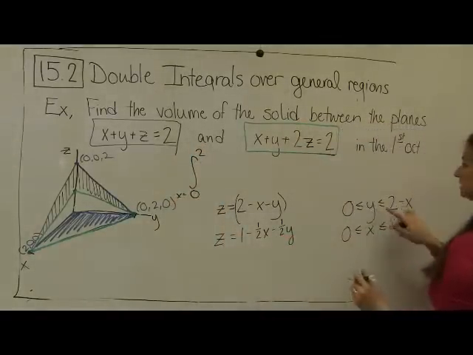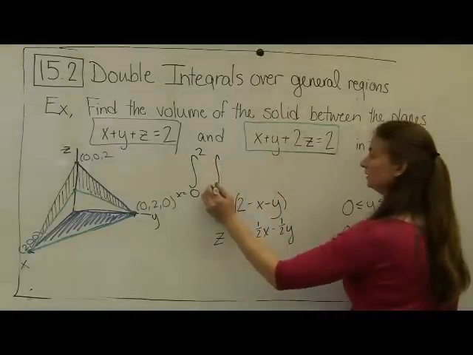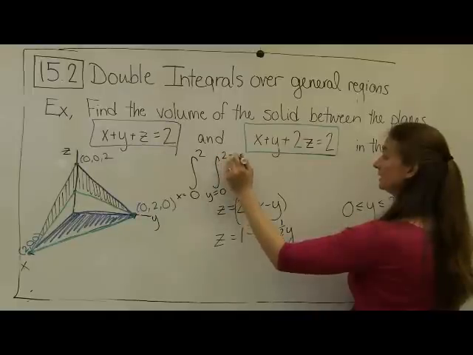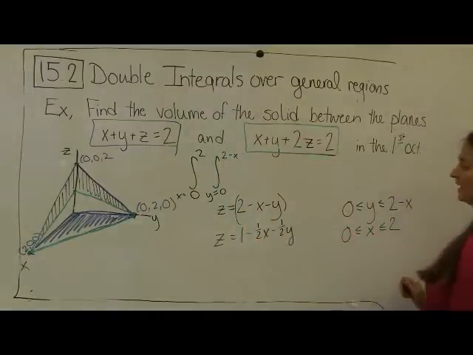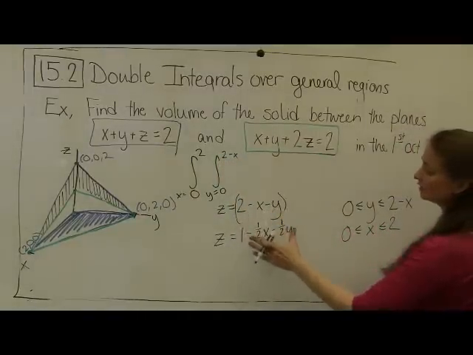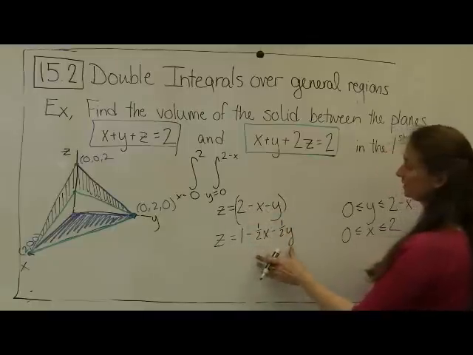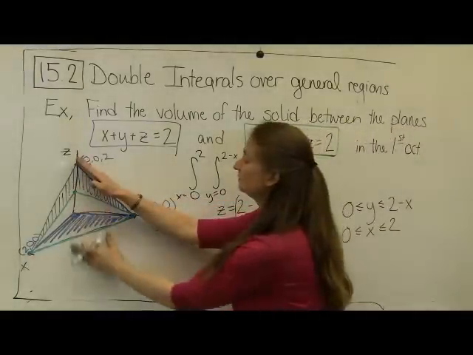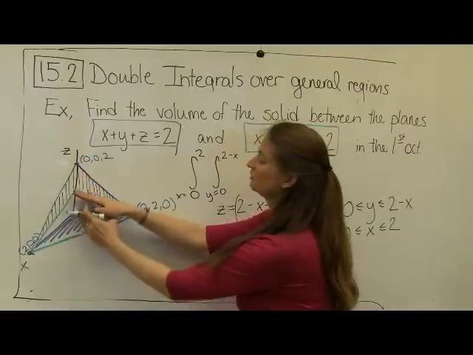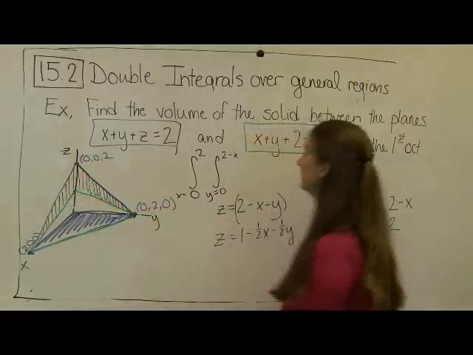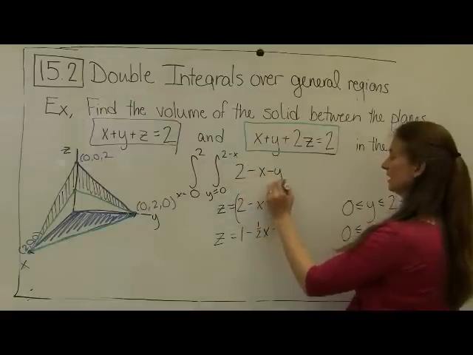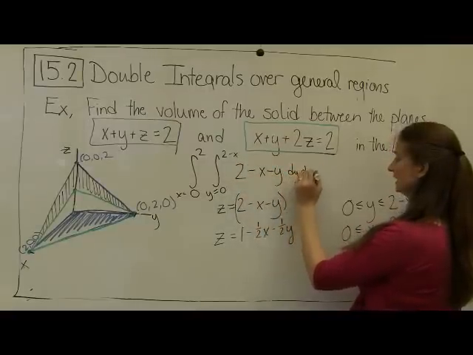My y values are going to go from 0 to 2 minus x. I could combine these functions if I wanted to, but I'm just going to find the volume under the big plane and then subtract out the volume under the small plane. If I do that, I get 2 minus x minus y dy dx.